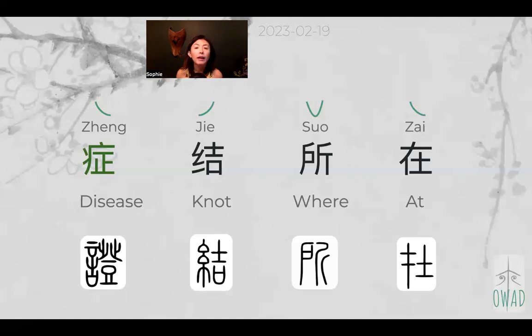So 所 in a lot of contexts in Chinese means residence or place or station, depending on the function of that place. It could be household, residence, or commercial, or even a governmental place. So this 所 eventually becomes a container, because it can apply in all kinds of situations.